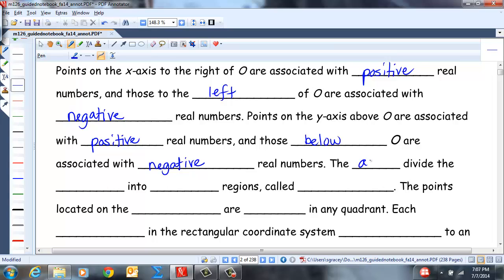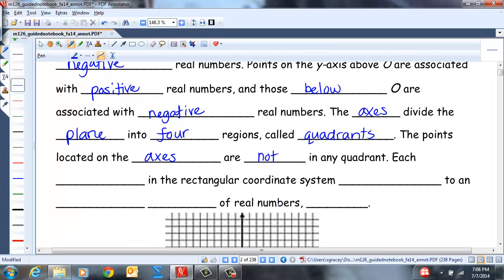The axes divide the plane into 4 regions called quadrants. The points located on the coordinate axes are not in any quadrant because they're not inside the quadrant, they're on the edges.